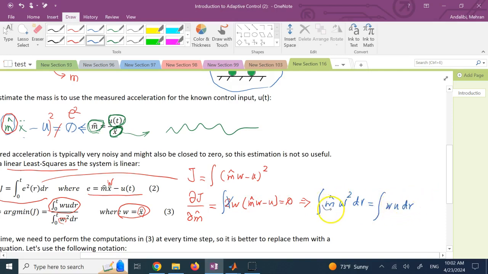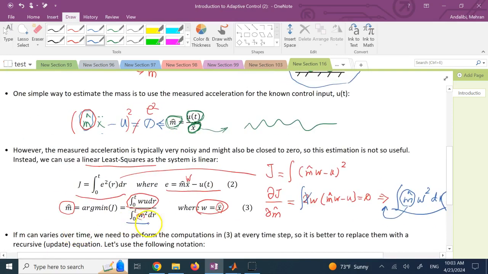Okay, and if you assume this m hat can be taken out of this integral and it's constant, then clearly it's going to be the right hand side divided by the left hand side, which is exactly what you have over here, right? So this is my least squares estimate for what? For m hat. Good. If I know some input signals and I can measure the acceleration for them using the accelerometer.